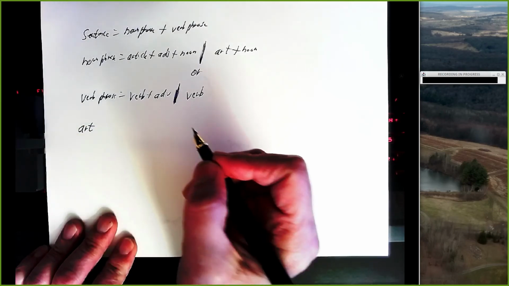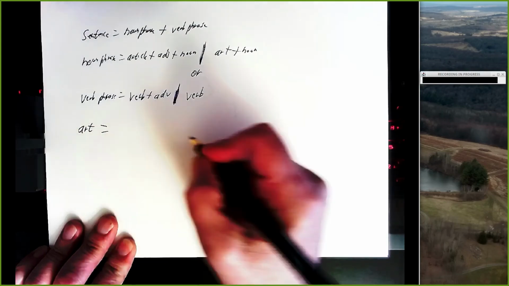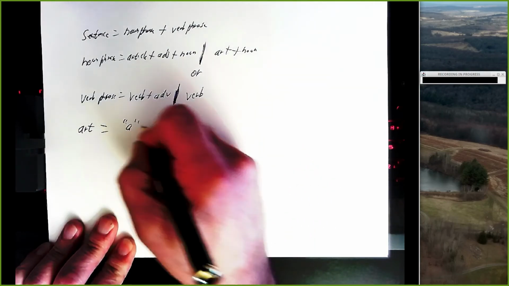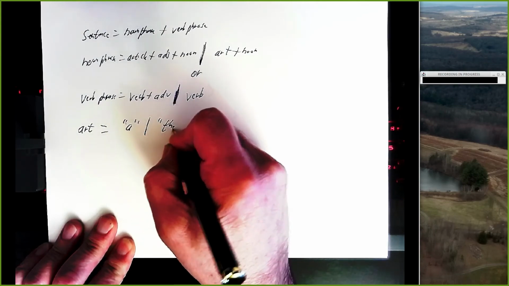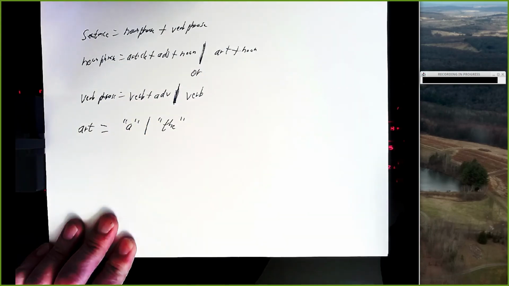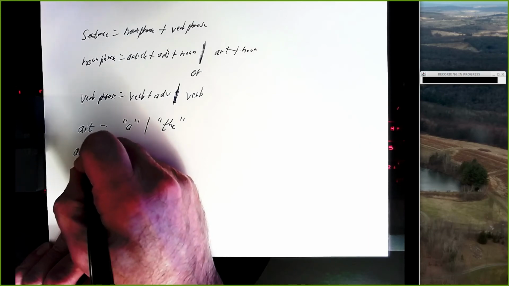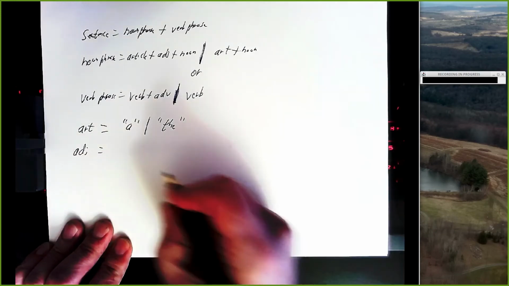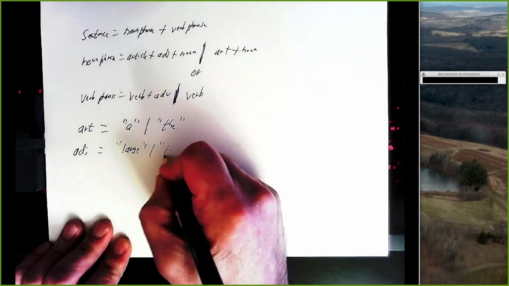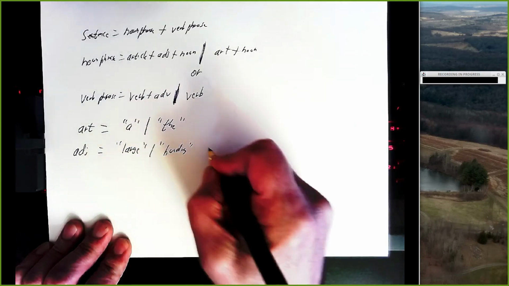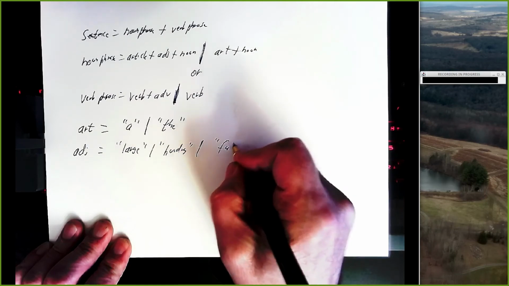So for example, an article is going to be either a or the. An adjective is going to be either large or hungry or funny.